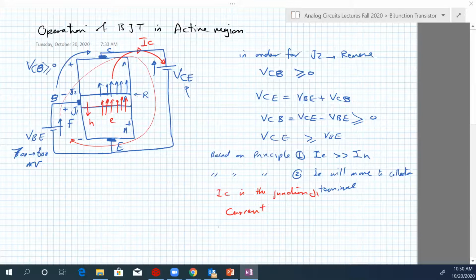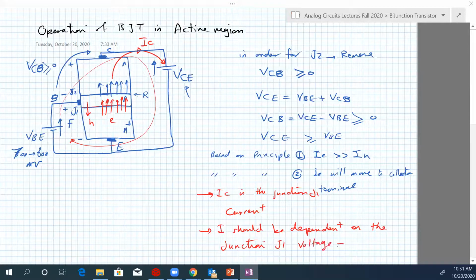So IC should be dependent on the junction voltage, which is VBE. And the answer is yes.